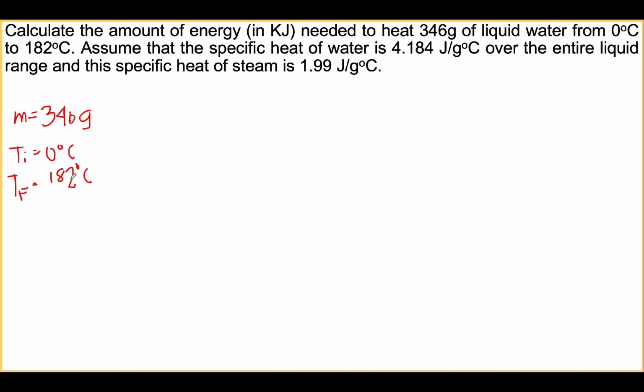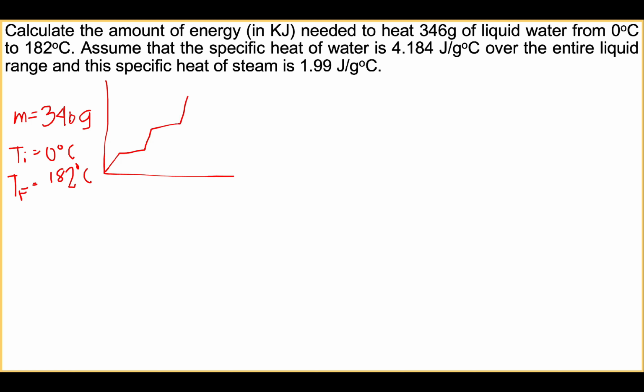Okay, so assume that the specific heat of water is 4.184 joules per gram degree Celsius, and this is the specific heat of steam. So how many stages do we have? So to make it easier, this is a suggestion. You graph first. If you remember our graph, it's like this. 1, 2, 3, 4, 5.